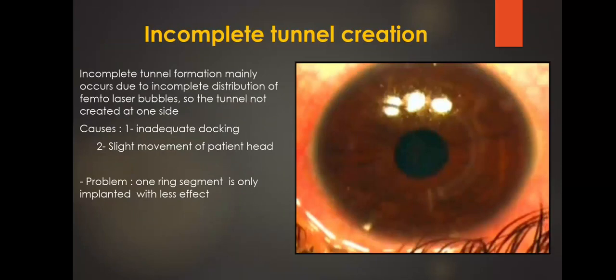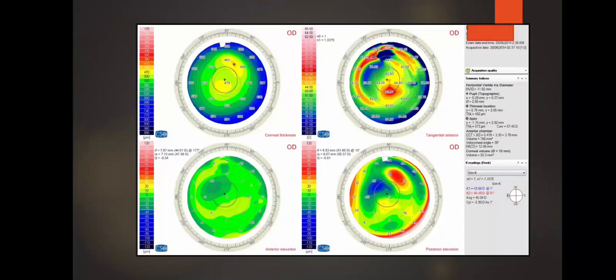Incomplete tunnel creation mainly occurs due to incomplete distribution of femtosecond laser bubbles, so the tunnel is created at one side only. It is mainly caused by inadequate docking or slight movement of the patient's head. The problem of these complications is that only one ring segment is used, with less effect.